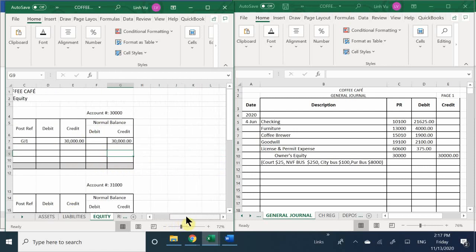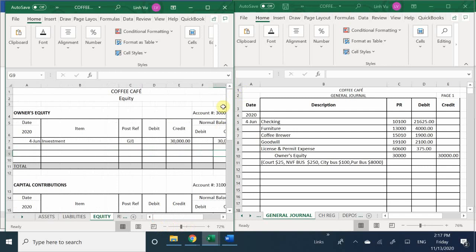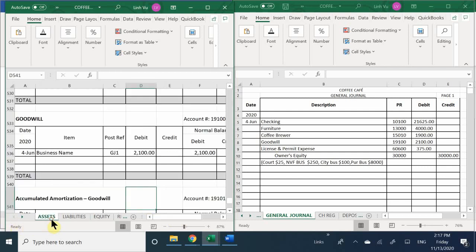But I'm not going to show you how to do the totals, because every time you enter a transaction, you're going to know what your balance is at the end of the day. So the totals don't really matter. Now that we've finished posting to the ledger, we are complete. We are done.